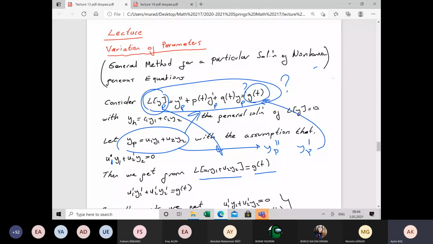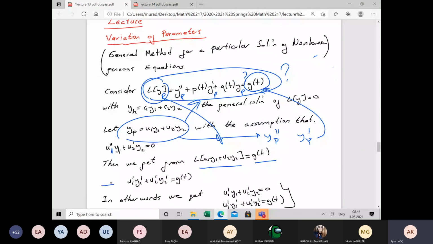Then we obtain another equation: u1 prime y sub 1 prime plus u2 prime y sub 2 prime is equal to g of t. We have the first equation, and then we obtain the second equation here.